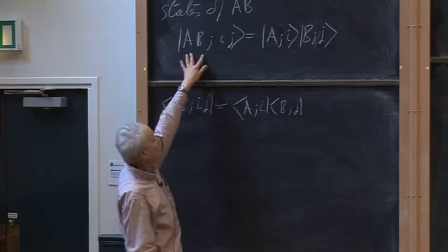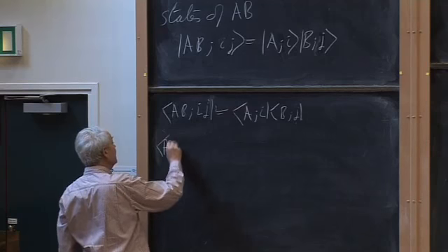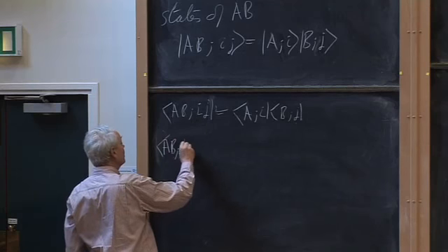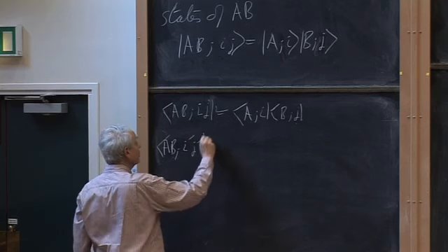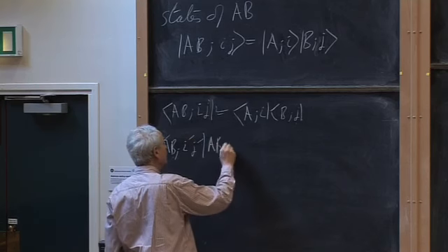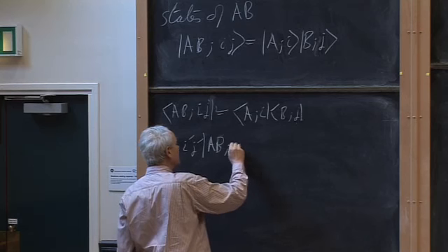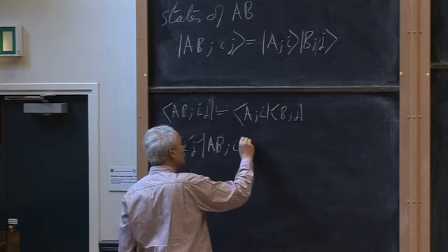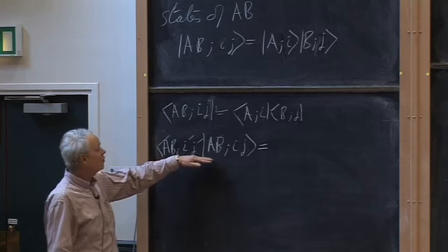So when this goes onto this, we should get a complex number. To give meaning to all this, I need to explain what this is: the bra I primed, J primed on AB, ket I, J, is equal to, right, this should be a complex number.